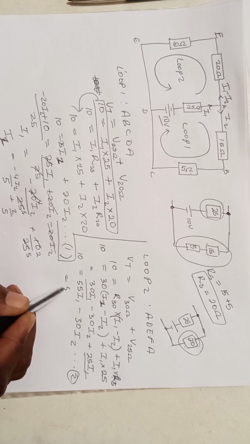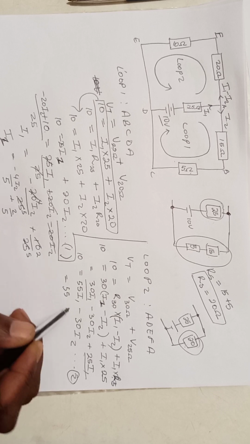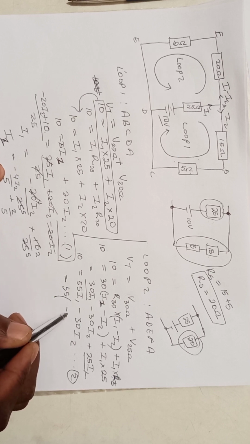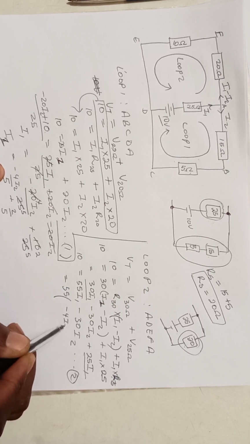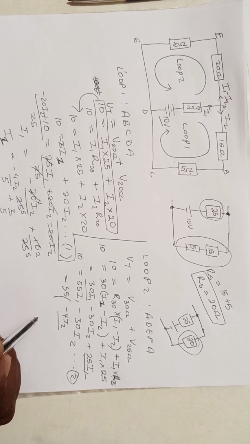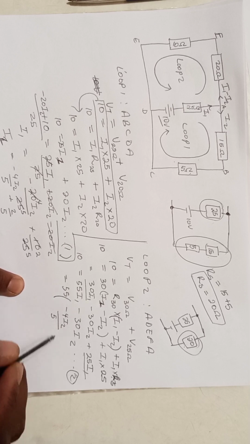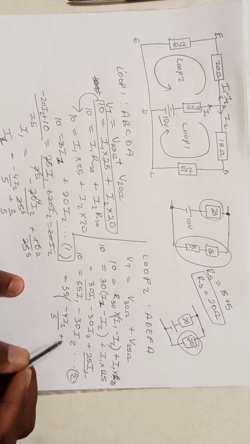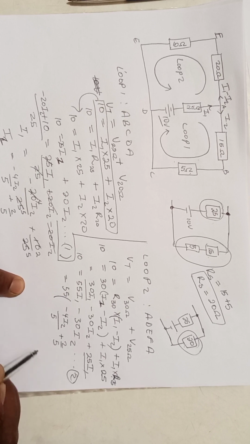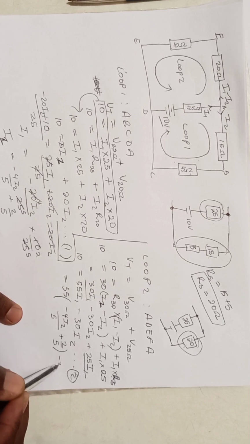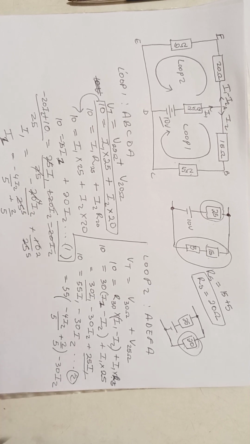This is gonna be 55 into minus 4I2 divided by 5 plus 2 divided by 5. So we would close the brackets and say minus 30 I2.